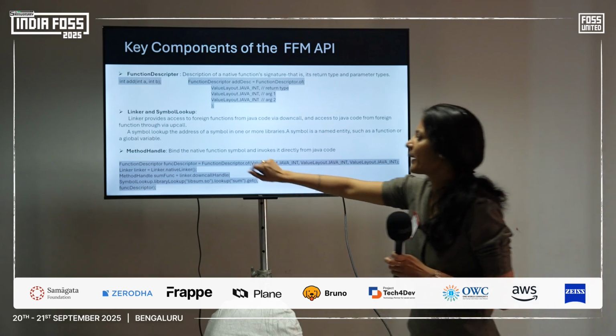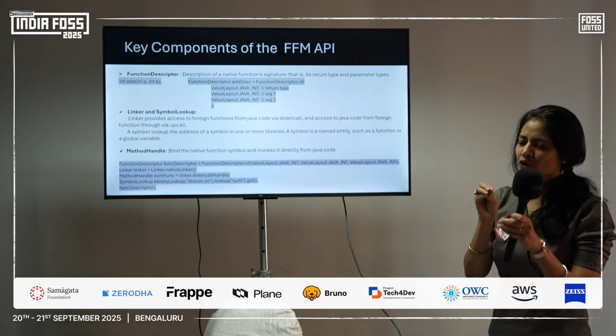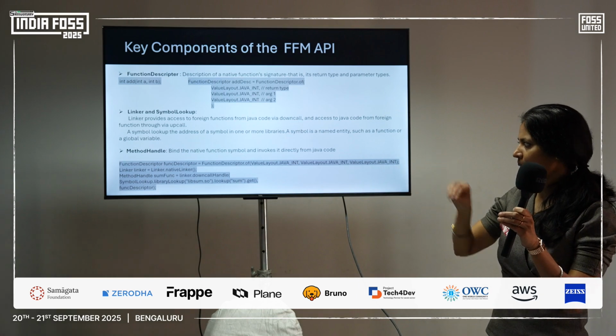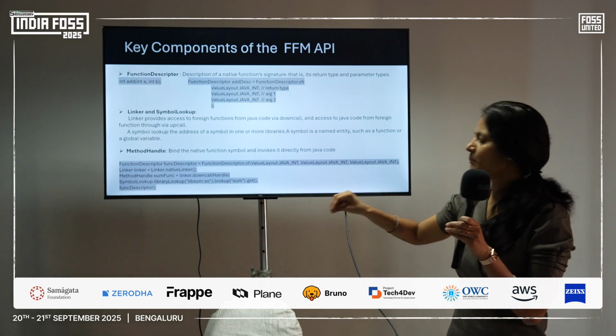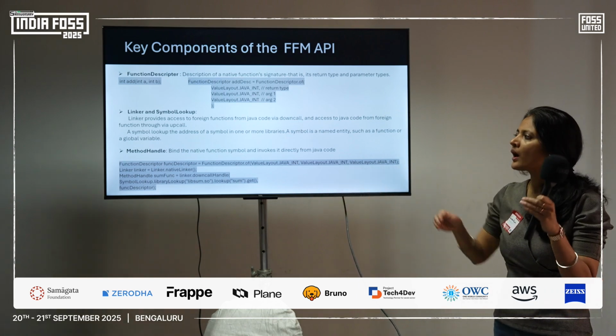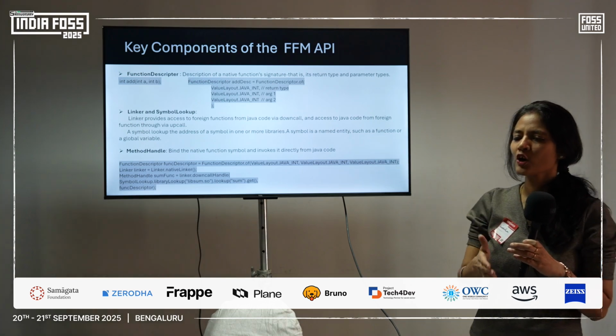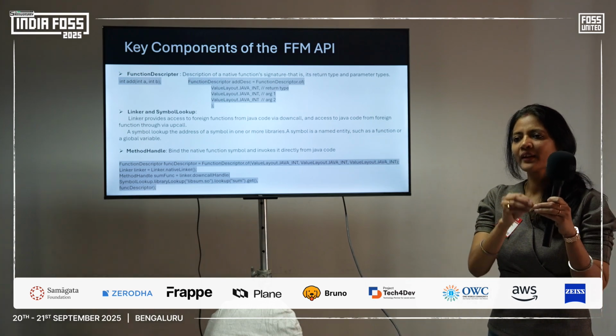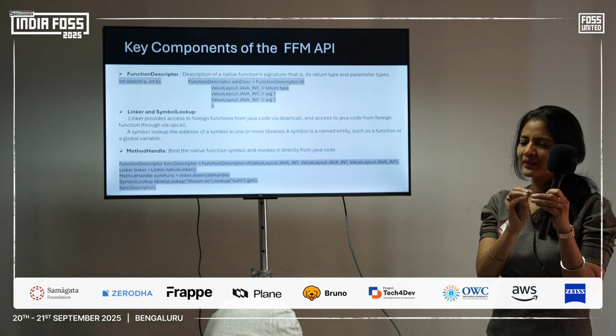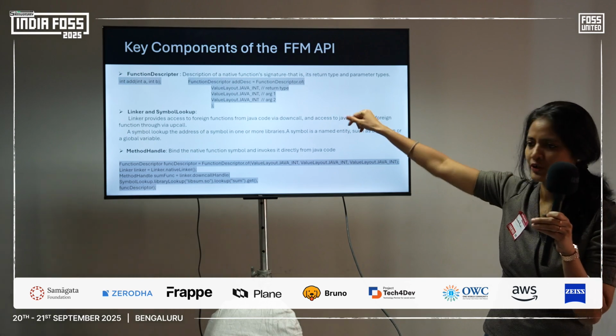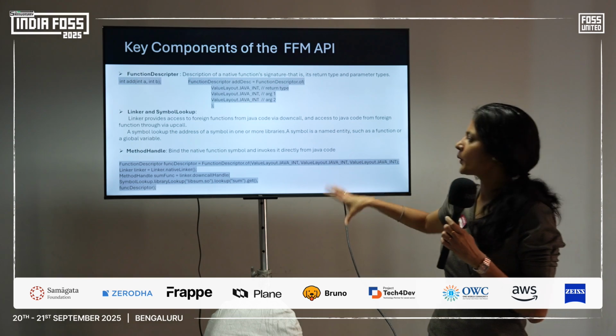And we have something called method handle. Method handle binds that function symbol that has been found. You can think of a method handle as a function pointer in Java, so that the Java function pointer is pointing to that function pointer which has been found in the native.